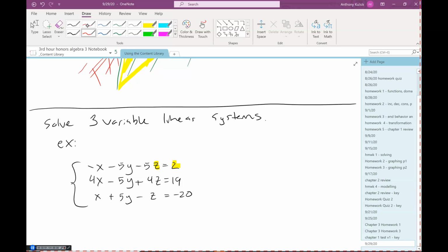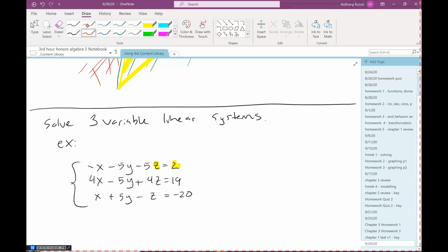When we make our two 2-variable equations, you have to eliminate the same variable each time. You can't have one equation with x and y and the other equation with y and z, because you won't ever be able to get a 1-variable equation out of those two. If this one has x and y in it, the other one needs to have x and y in it. So you have to eliminate the same variable the first time from each of the two.